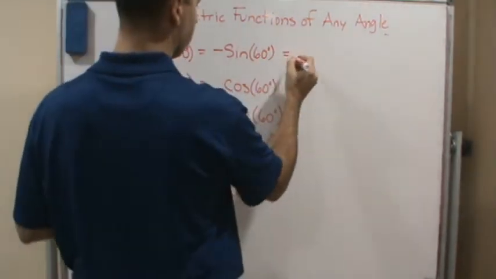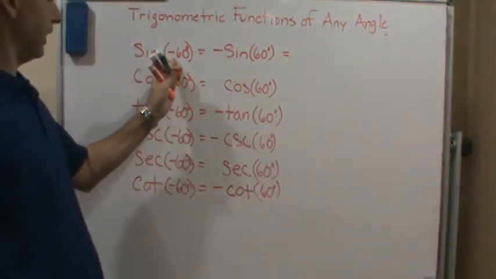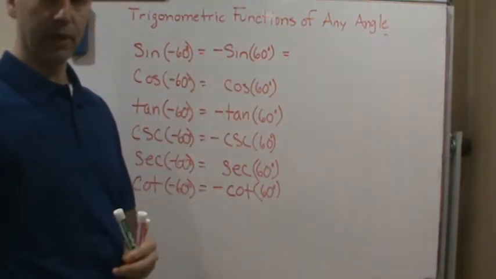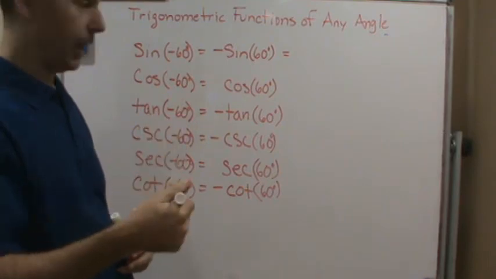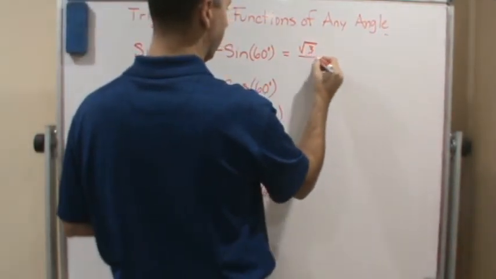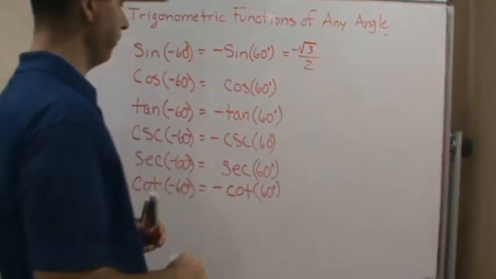Now, sine of negative 60 is the same as negative sine of 60. Well, what's sine of 60 degrees? That's opposite over hypotenuse, so that's going to be the square root of 3 over 2, but it's negative.